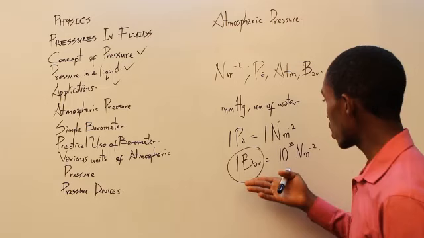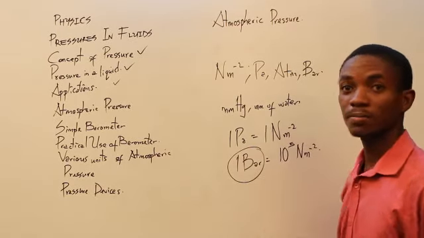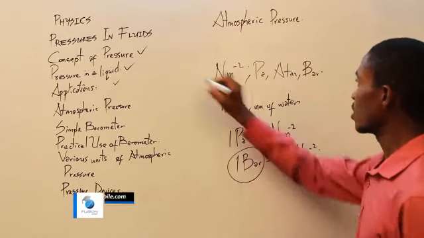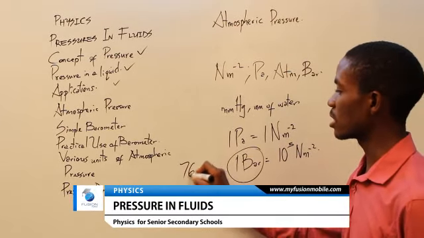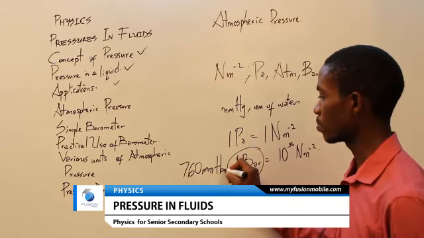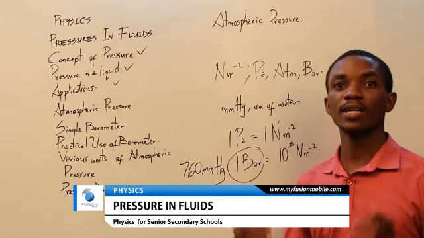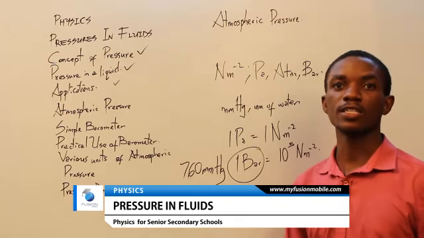And this same unit, which is 1 bar, is also the same thing as 760 millimeter of mercury. And that is the atmospheric pressure at the sea level.